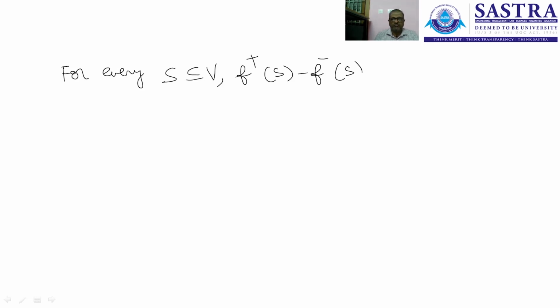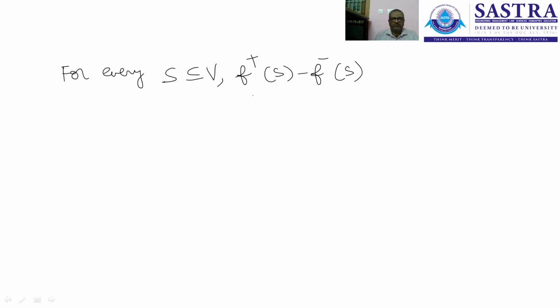Okay, so in this case, if you look at this juncture, for every s contained in v, you have f plus of s minus f minus of s.